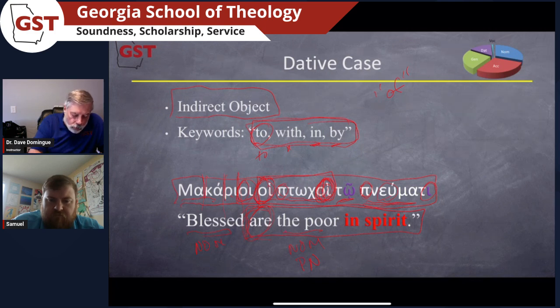Well, the poor is also in the nominative. They're both subjects, but they both can't function that way. Because we're using a to-be verb, it's more equative, more about equating in some form. So one is going to function as the subject, blessed, and the other as the predicate nominative, the poor.